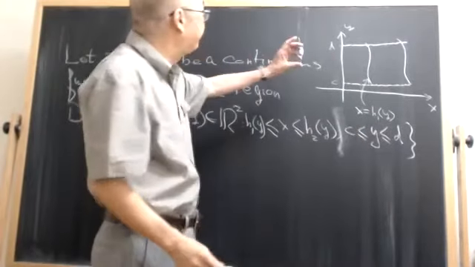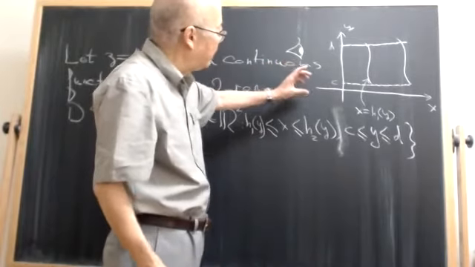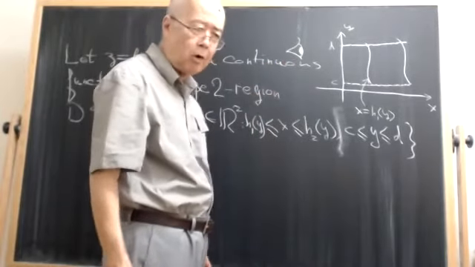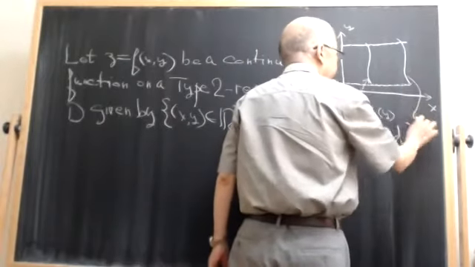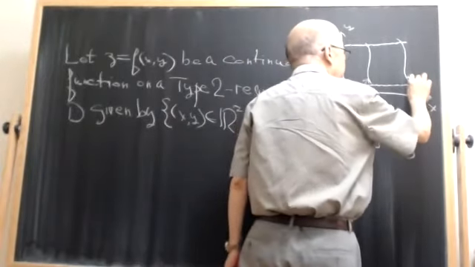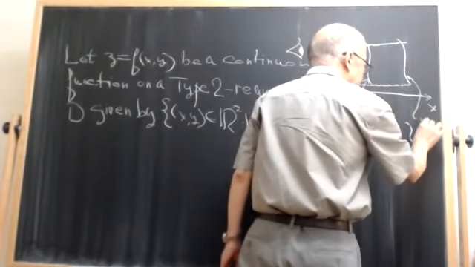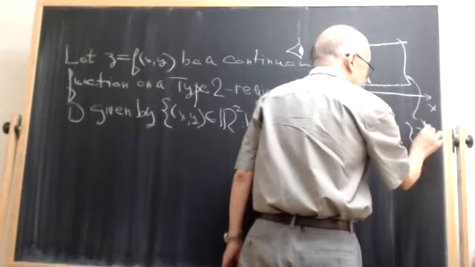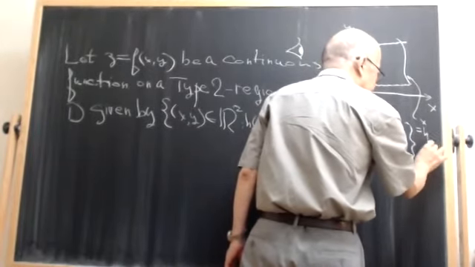So if you look from this direction, x is a function of y. And this one is x equal to h2 of y.